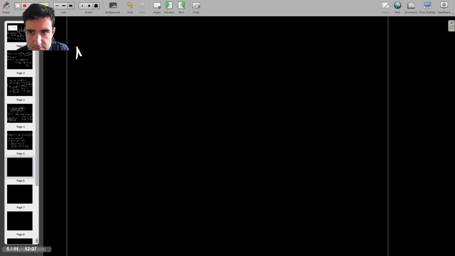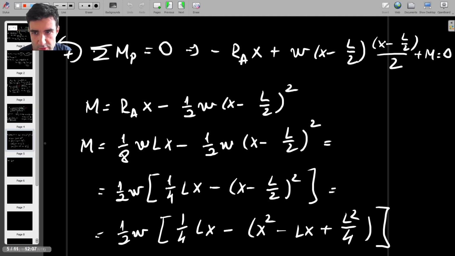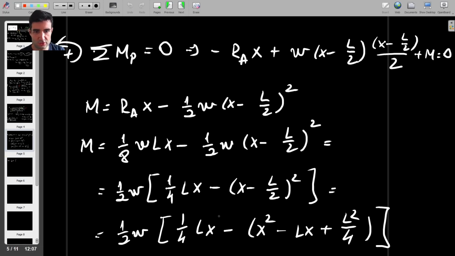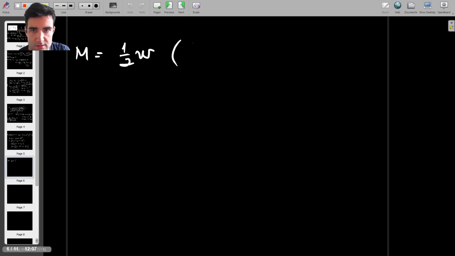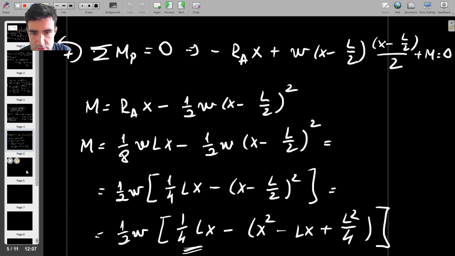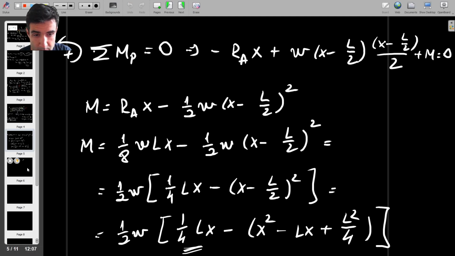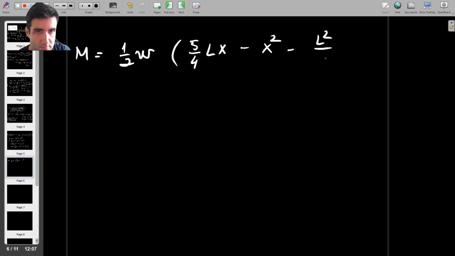So we have 1/2 w times, and in the brackets we can combine a couple of terms: 1 over 4 Lx plus Lx, so that's going to be 5 over 4 Lx, then minus x squared, and then minus L squared over 4. It doesn't look like a nice expression, but we'll leave it like that.